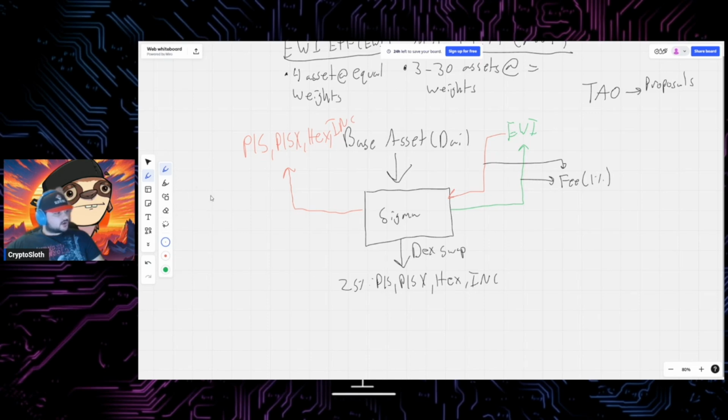Those fees are then distributed to people who are staking the EWI token. So you could take the EWI token, you can stake it, and then the fees are paid to the stakers of that asset. So if you put a bunch of DAI in there, you get your assets that you want, then you can stake it to earn the protocol revenue that comes through that specific ETF.